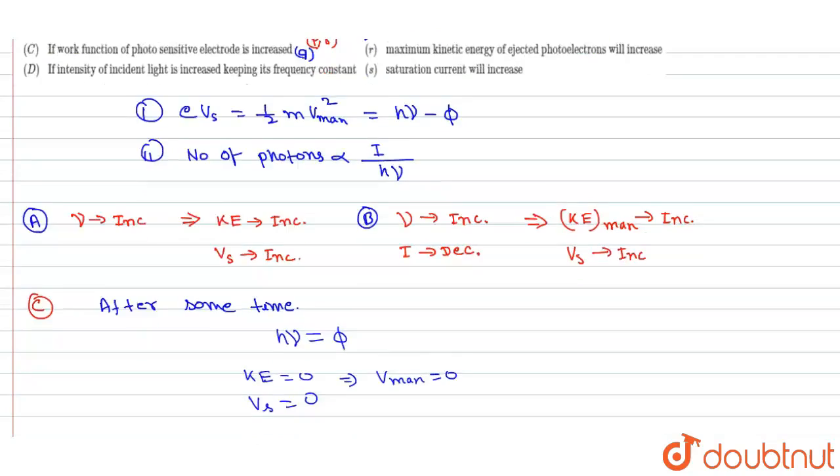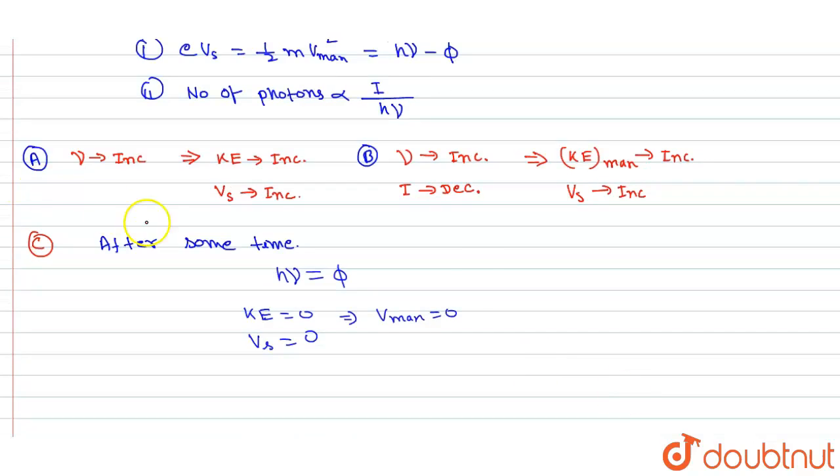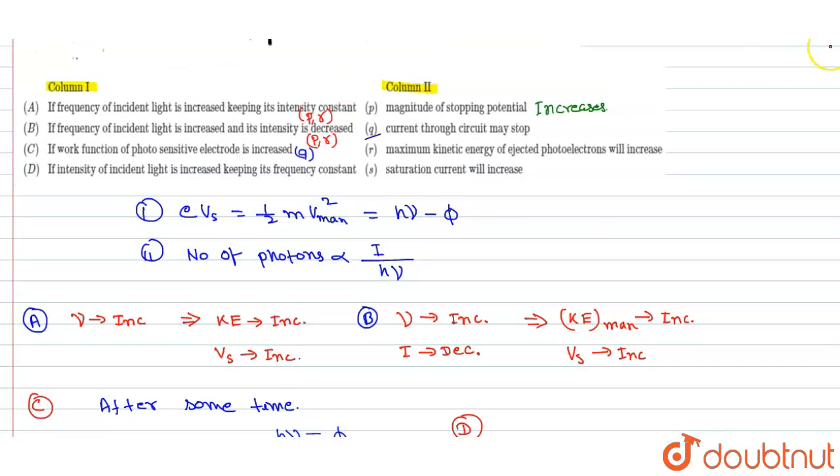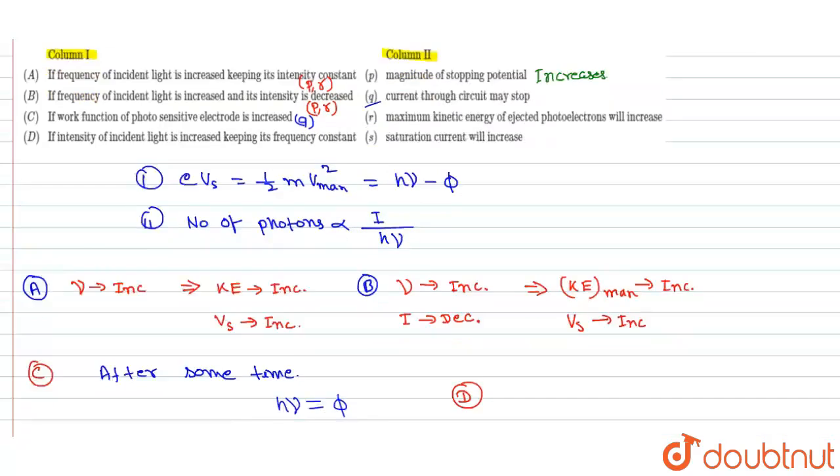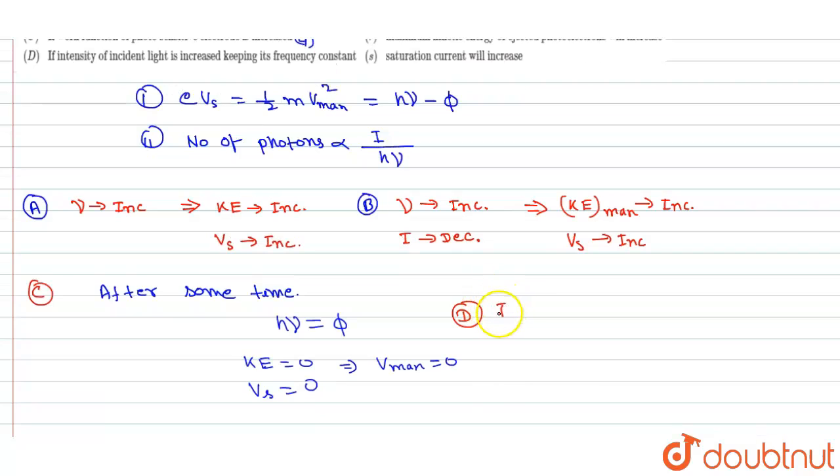Now, coming to the last part of this question. If the intensity of the incident light is increased keeping the frequency constant, then from the second relation, the number of photons increases.